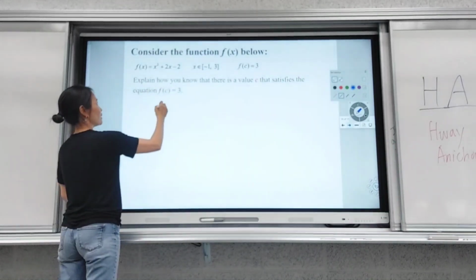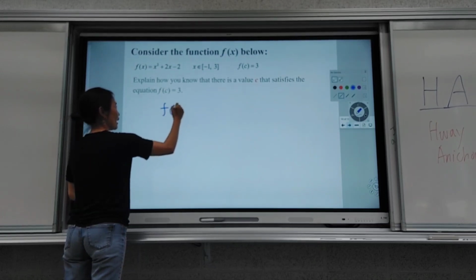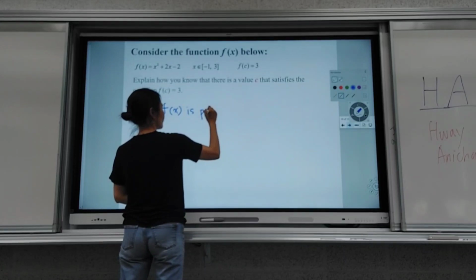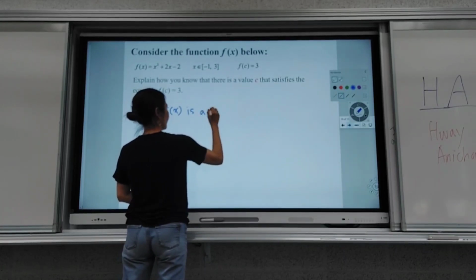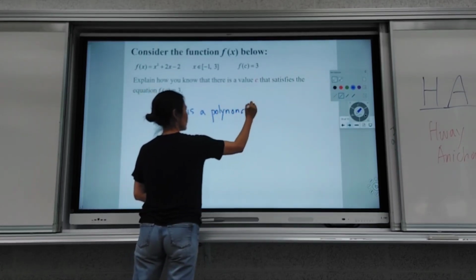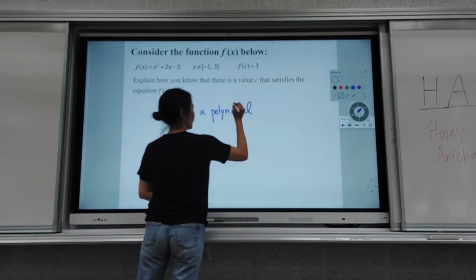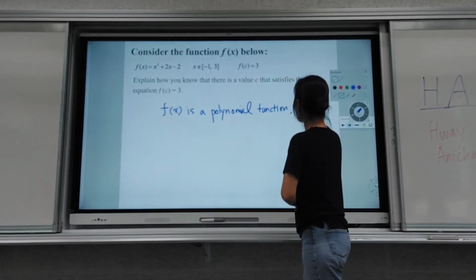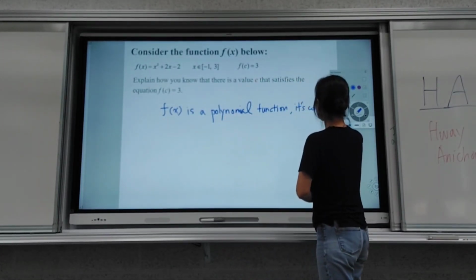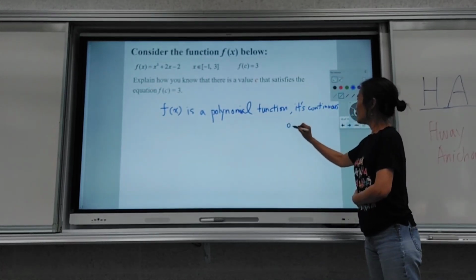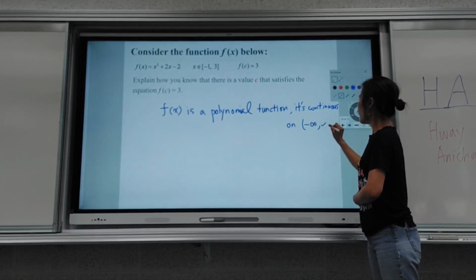So, I'm going to say, since f of x is a polynomial function, you can write quadratic, but polynomial function, so it's continuous on the interval, or on the real numbers.